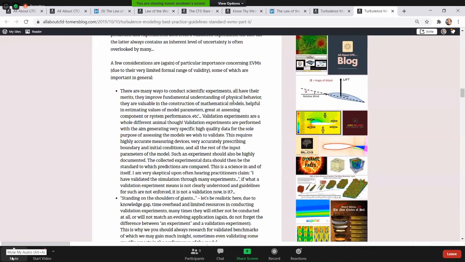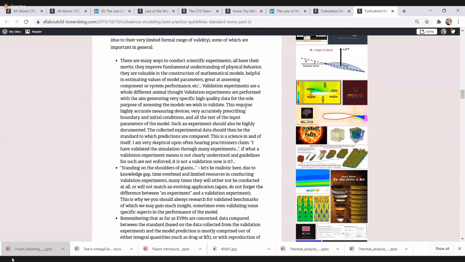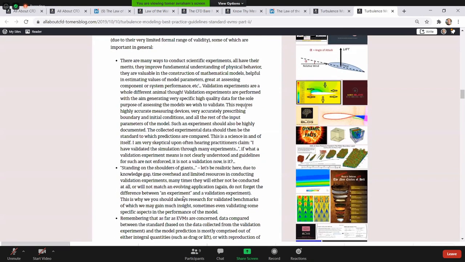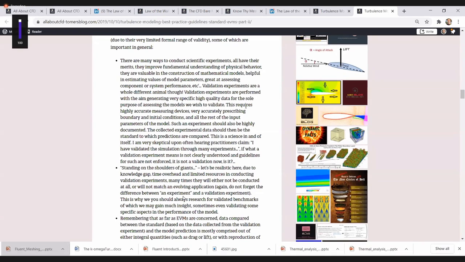There is a process. It's very easy to say that I got a different result. It's not so easy to conduct an experiment that validates CFD. Measurements are very hard.